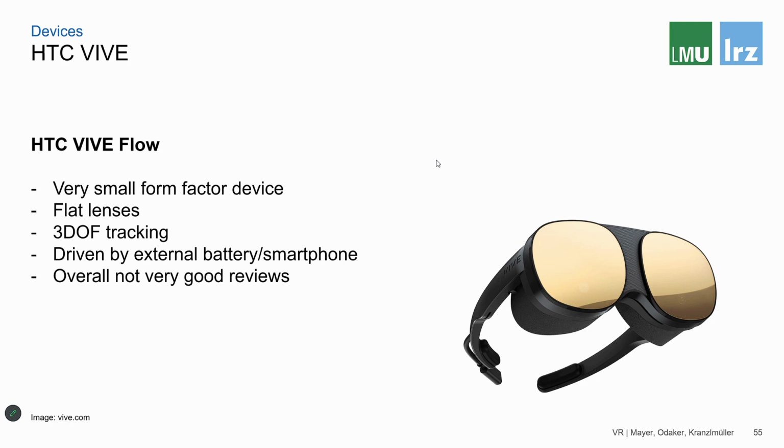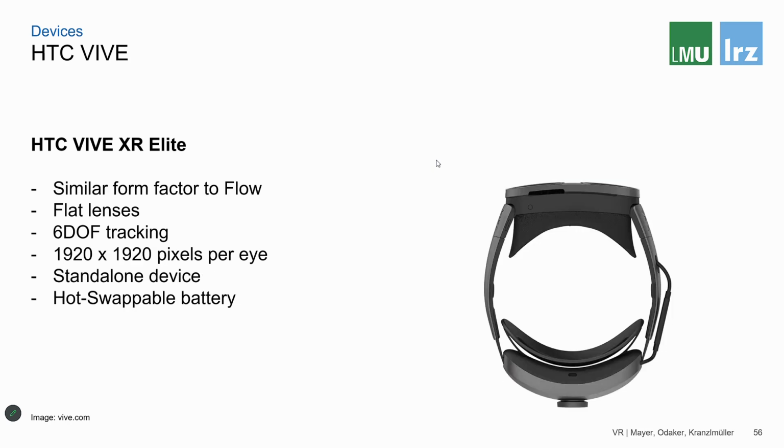They actually have another device, which is their latest one, the Vive XR Elite. That has a similar form factor to the Flow. Its design is slightly different. It has a battery. It also has the flat lenses from the Flow. This is a 6DoF device, which is a lot more useful. The resolution is a bit lower, but it is standalone.